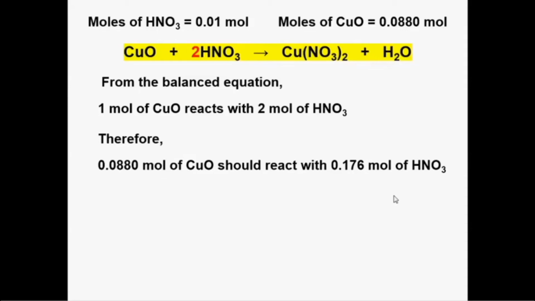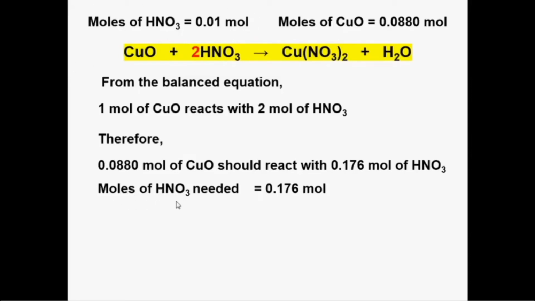And do we have this amount of moles of nitric acid? Now let's look back at the moles of nitric acid that we have. We have 0.01 mole of nitric acid.